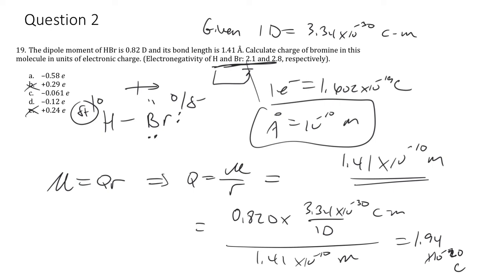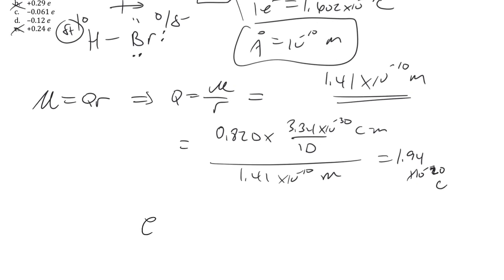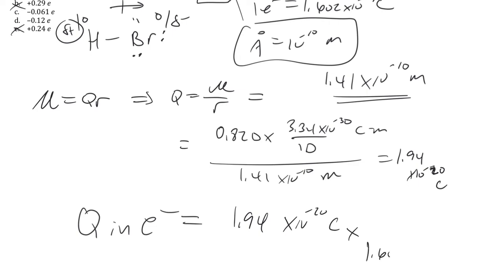Now if this were plus one, minus one, it'd be plus one electron, minus one electron. So we use the charge of one electron. So in electron charge units, the charge would be equal to 1.94 times 10 to the minus 20 coulombs, and I just use the charge of one electron, 1.602 times 10 to the minus 19 coulombs per electron.